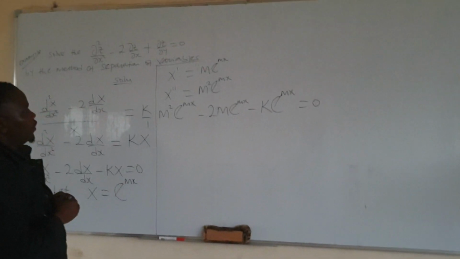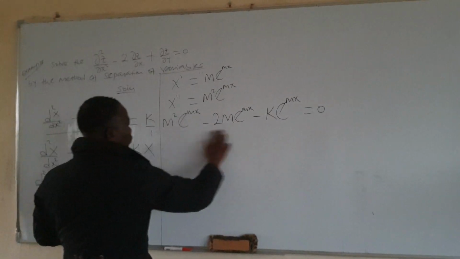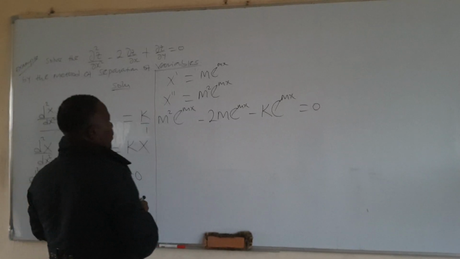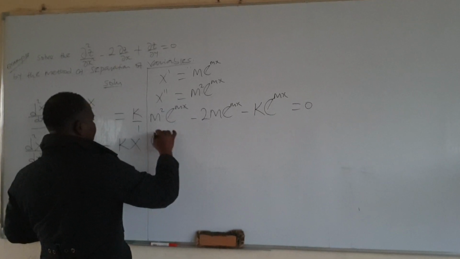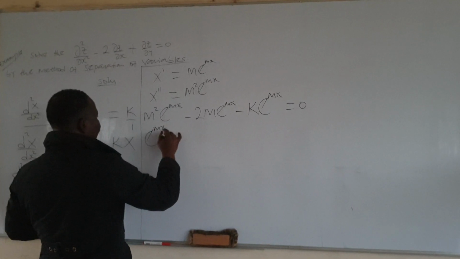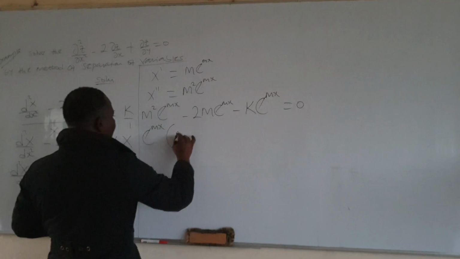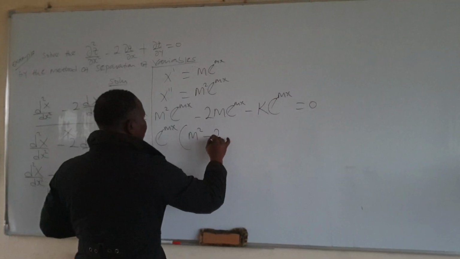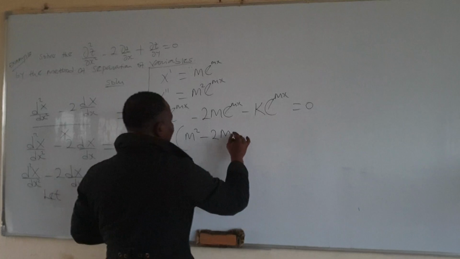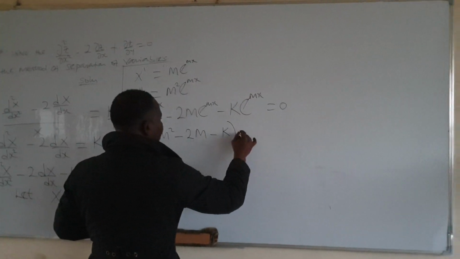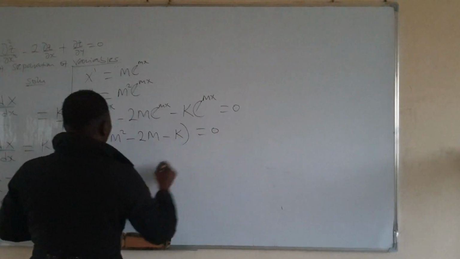So if you agree with me, look at this equation. What is common? Exponential mx. Factor it out. Then we'll have it in this form: m squared minus 2m minus k equals to 0.